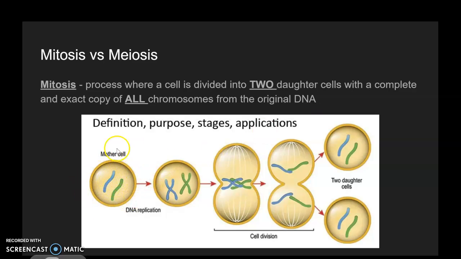So you can see here, the mother cell has this blue strand right here, and it has this green strand right here, and then it just duplicates them each, and then each of them gets separated, and then the two daughter cells thus have one blue strand each, just like the mother, and one green strand each, just like the mother. So it has a complete and exact copy of all chromosomes.